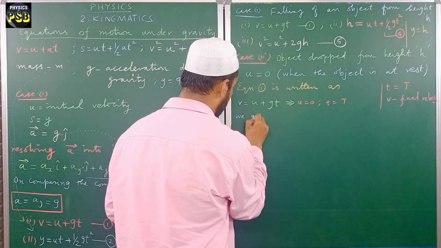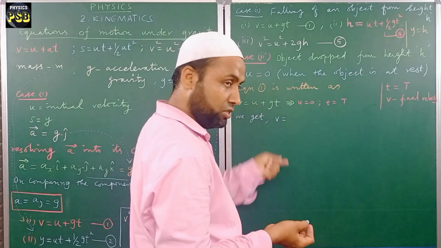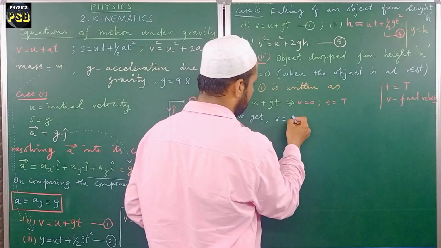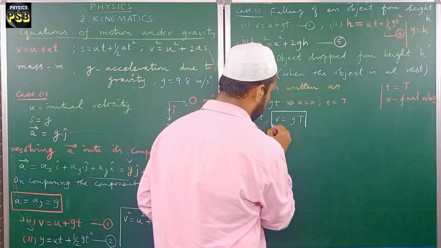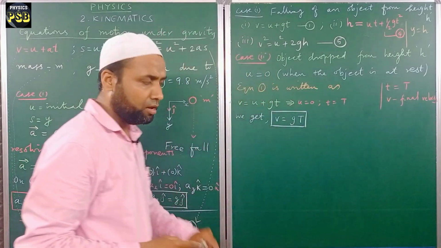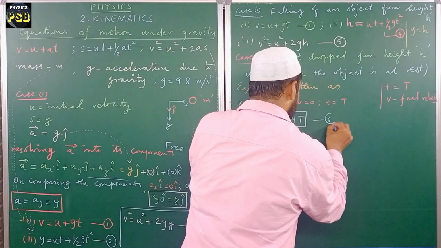We get v equals, in the place of u, 0, so you don't have to write anything here, then gT. This is the velocity of the object when it hits the ground, the final velocity. Take this as equation number 6.